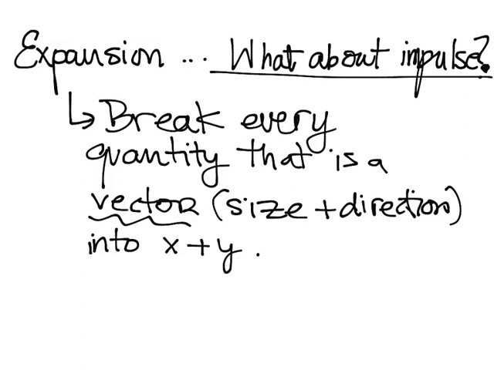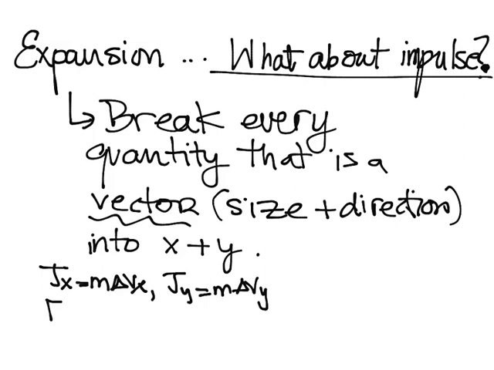Okay, so for example, you can do that with impulse. You can write Jx equals m delta Vx, and Jy equals m delta Vy. You can write Fx delta t is equal to m delta Vx.